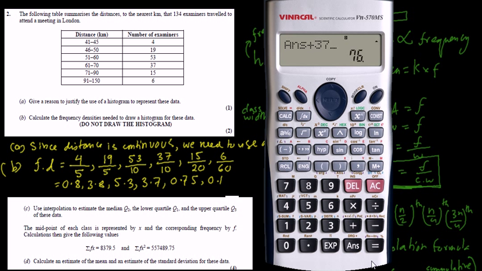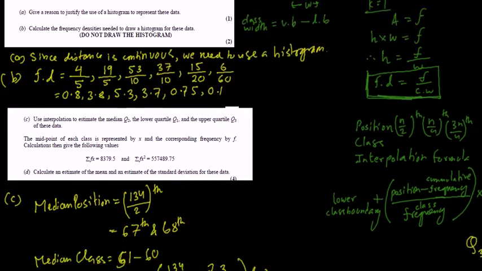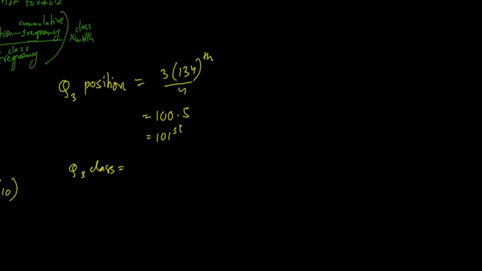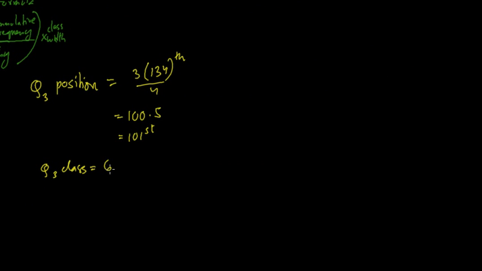When we come here, it is 113 position and we need 101, so it should be 61 to 70. Therefore Q3 is going to be lower boundary, which is 60.5, plus position 3n by 4.